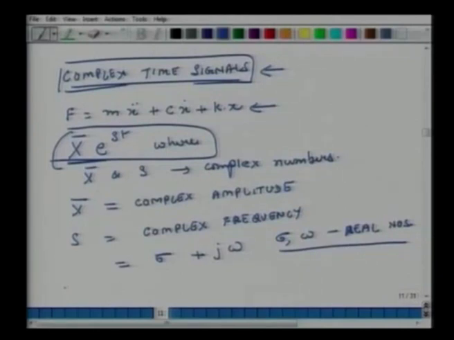If there is a complex time signal of this shape, then this is by definition called complex amplitude x bar. s by definition we are calling complex frequency, which is equal to sigma plus j omega, and x bar is a number. It's not having time embedded in it.